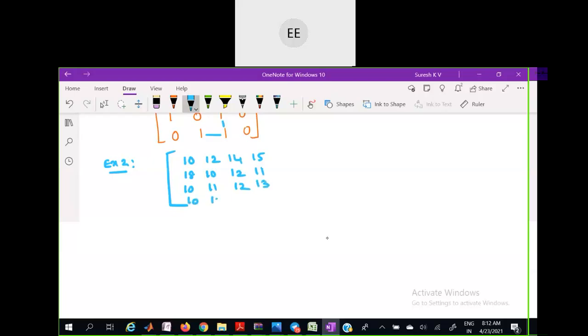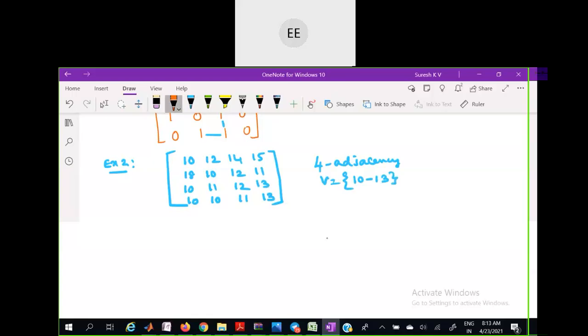Some example I'm taking. And now I am interested in 4 adjacency. What else should I give you? Yeah, I have to give you V, that means the set V. Let me give the set V as 10 to 13.